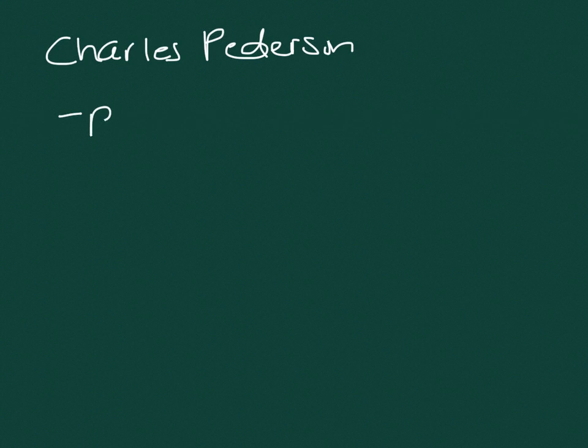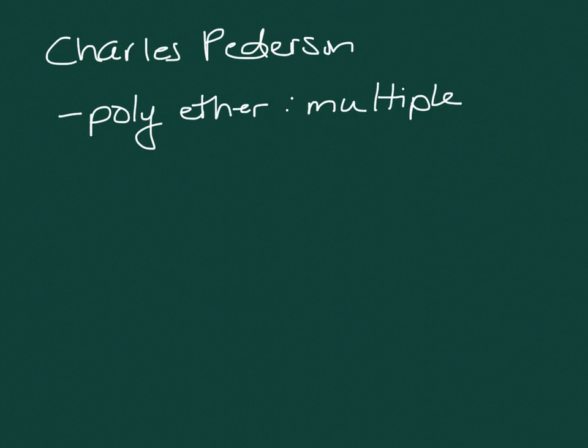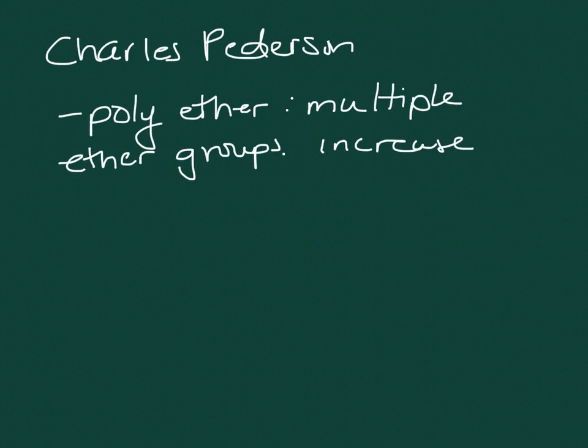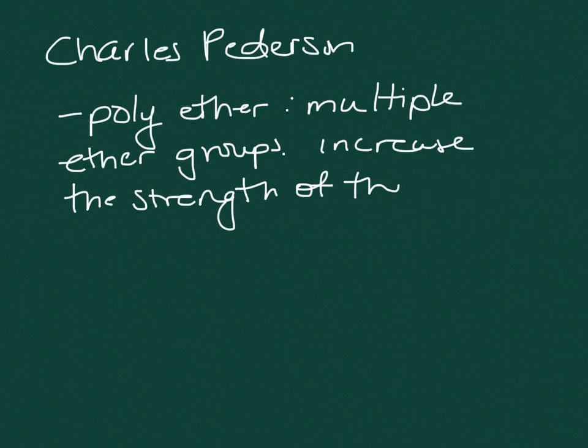So if you have what's called a polyether, where you have multiple ether groups, you can increase the strength of the interaction with a metal.